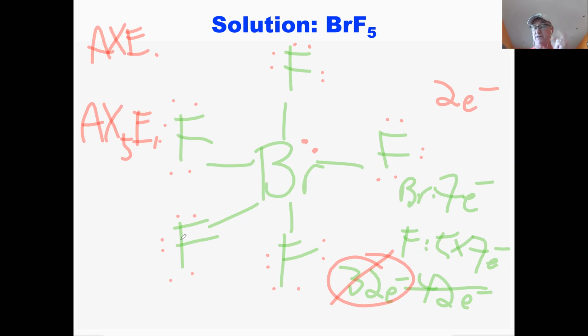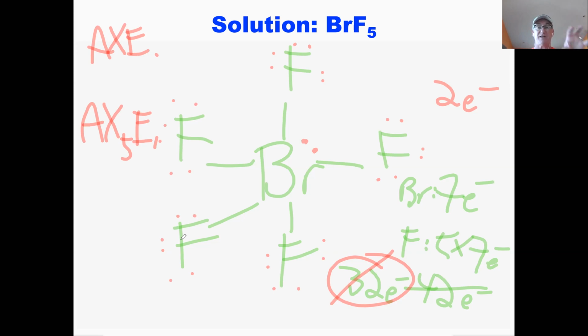Molecules with 6 electron groups around the central atom have octahedral geometry, but the shape of the individual molecule may be different.